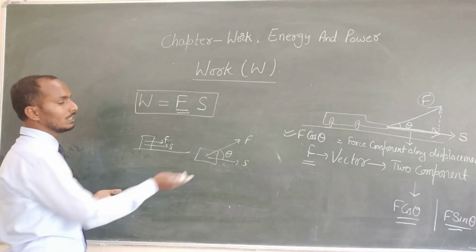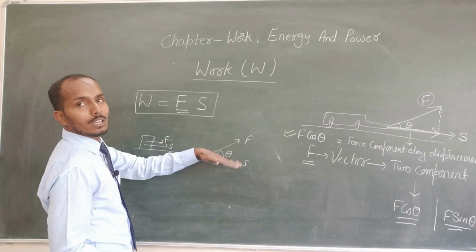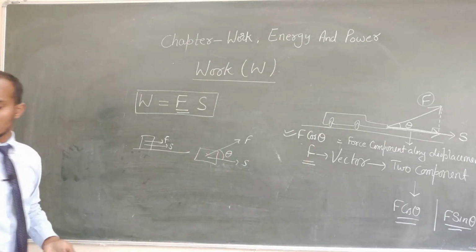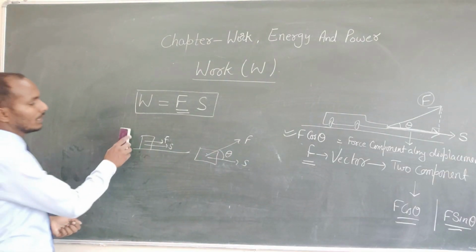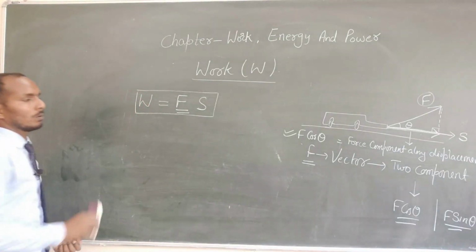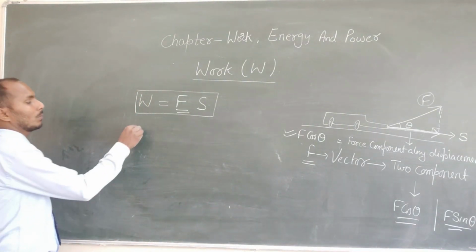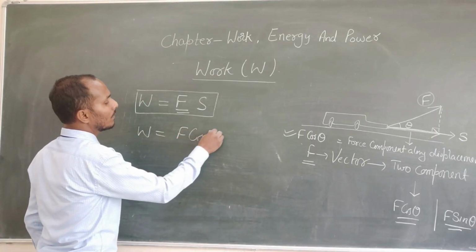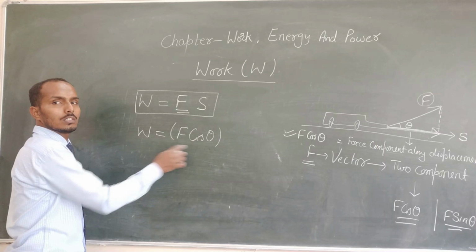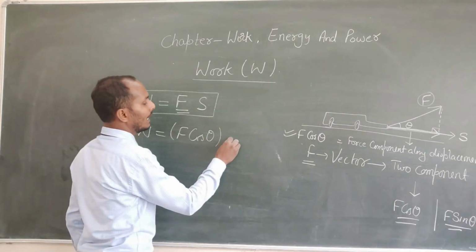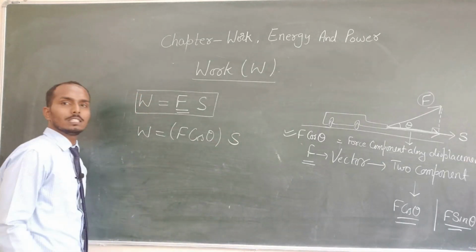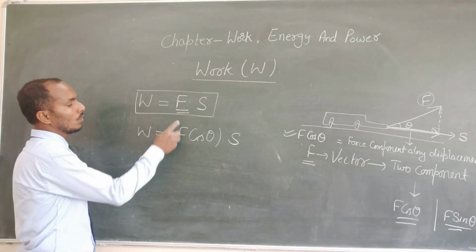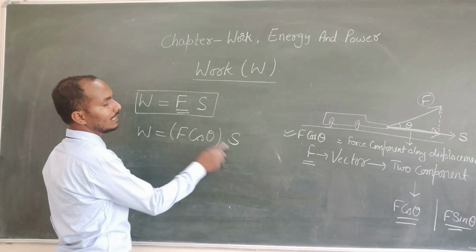Then you take the F cos theta component along the displacement S. So the exact formula is F cos theta times S, where F cos theta is the force component and S is the displacement.